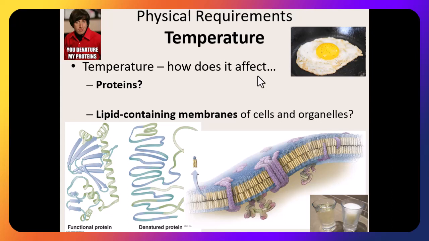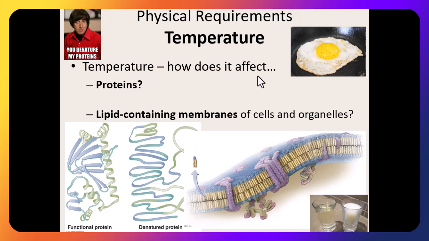When you change the shape of a protein, it's called denaturation, and if a protein changes shape, it can't do its job anymore. Microbes need proteins for structural material and for enzymes. If they don't have them, they don't survive. So they can't survive in too hot or too cold.